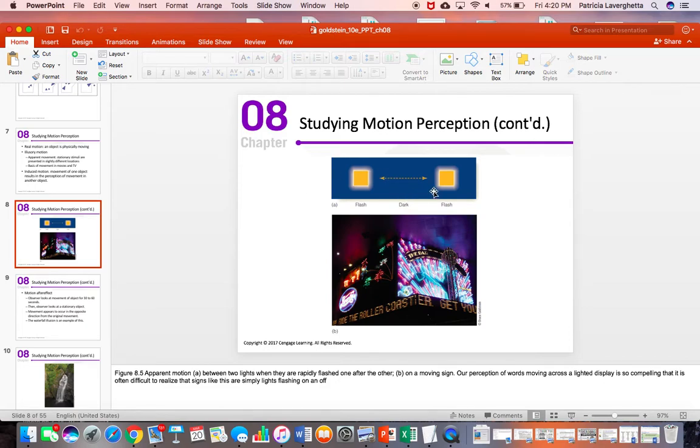Here we see apparent motion again. Here's the scrolling marquee. That's a beautiful example of these signs, like the scrolling marquee, which are simply lights flashing on and off in different locations. And this goes along with the theme I was telling you about, that motion perception is a subjective experience.